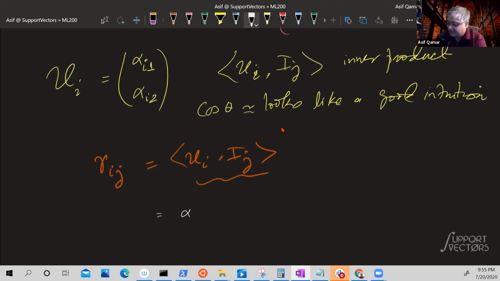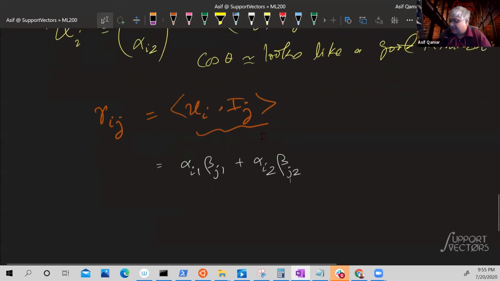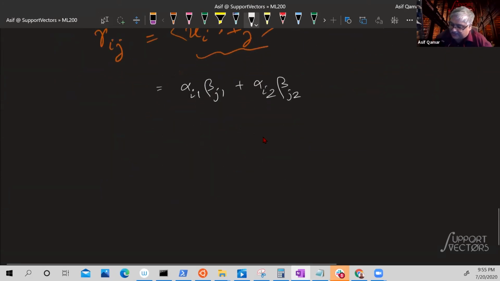So it would be alpha I1 beta j1 plus alpha I2 beta j2 in this particular space. Now this was two-dimensional. This space is called latent space, because this space is not visible.